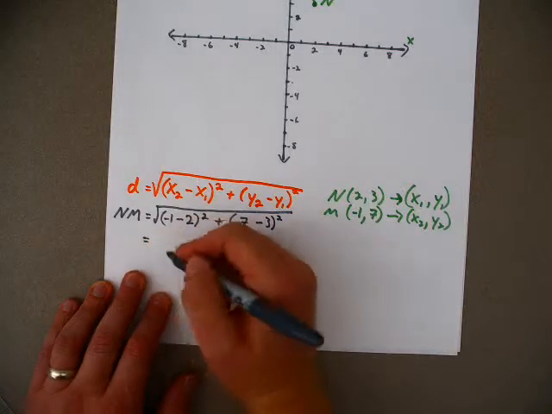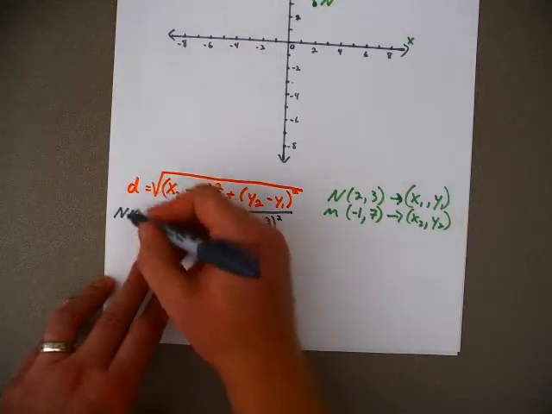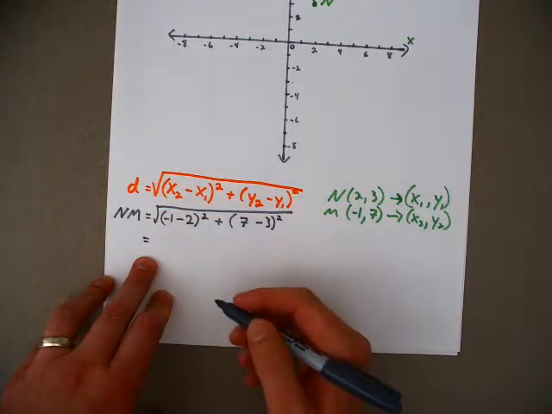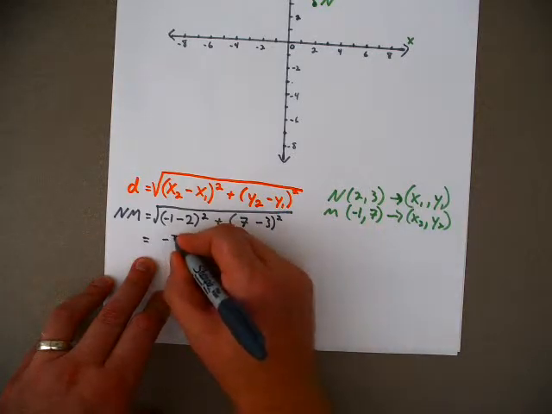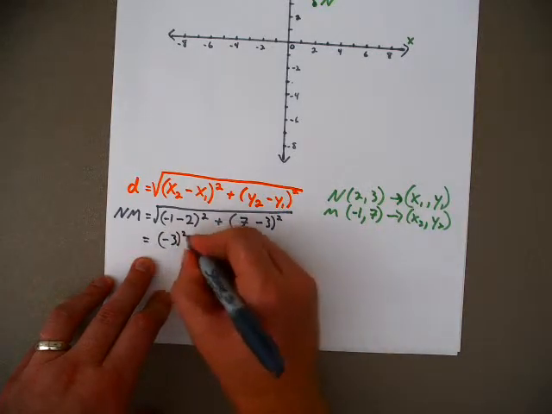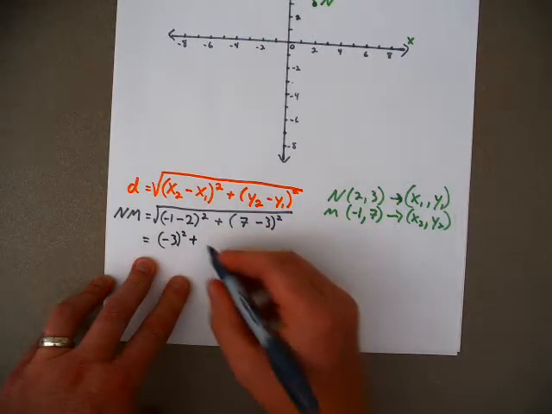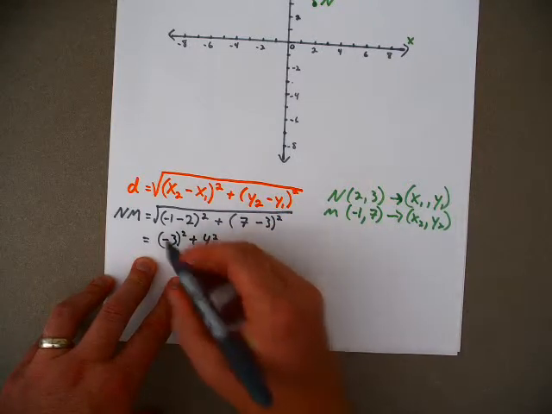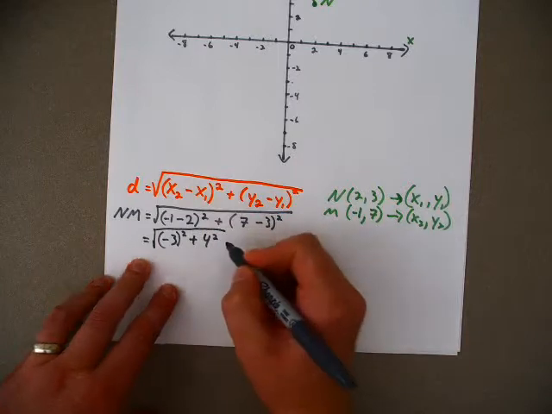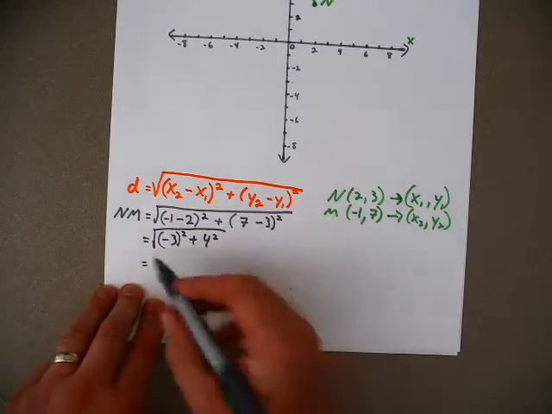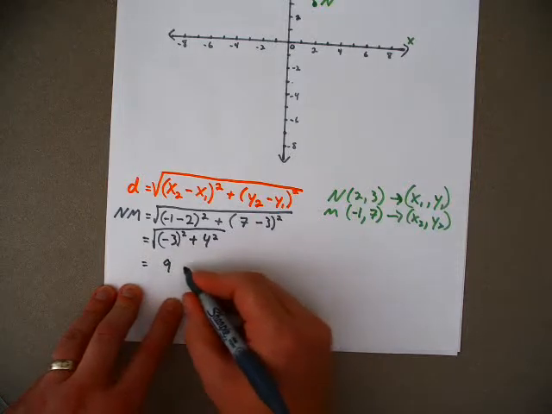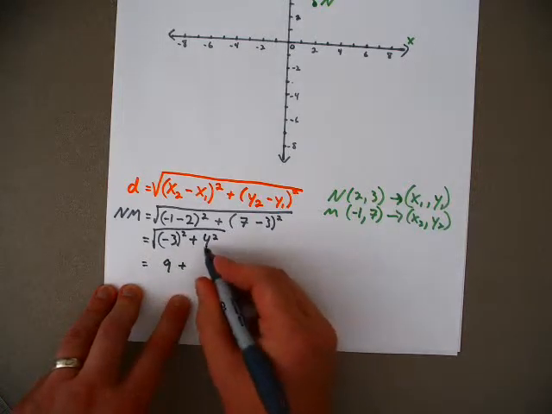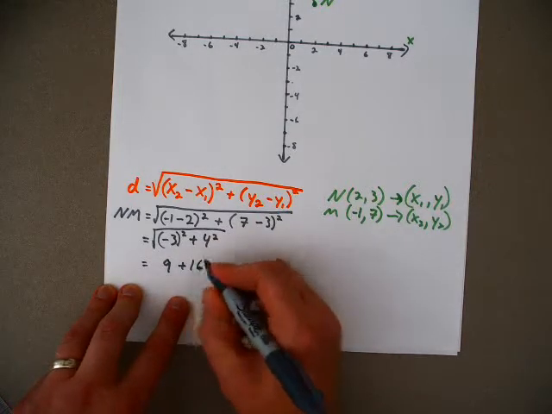So I'm just going to write equal signs, and I'm going to do my math out here. So I know that this is negative 3 squared plus 4 squared. Negative 3 squared is a positive 9, plus 4 squared is 16.